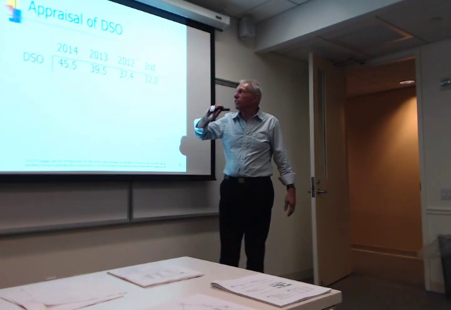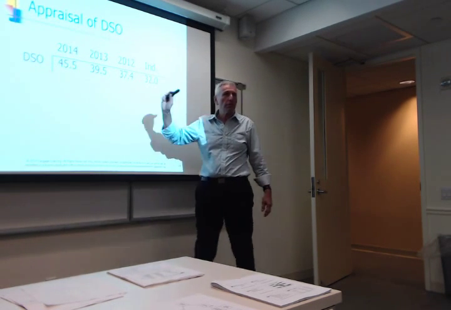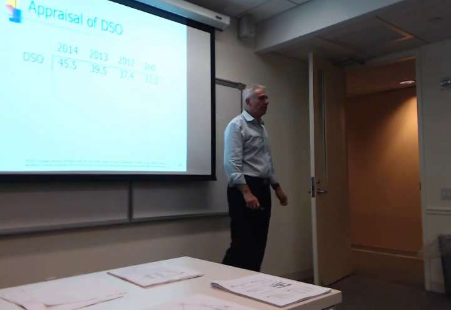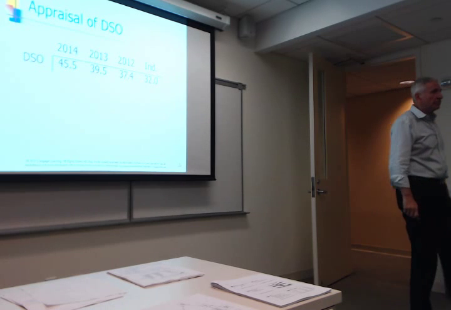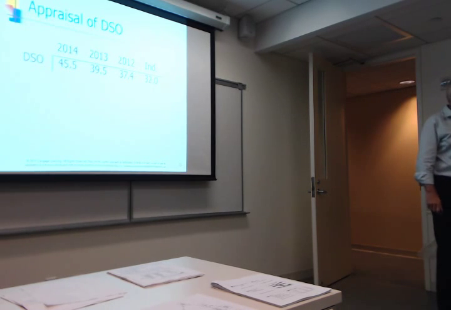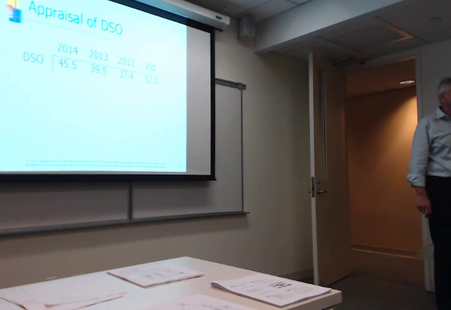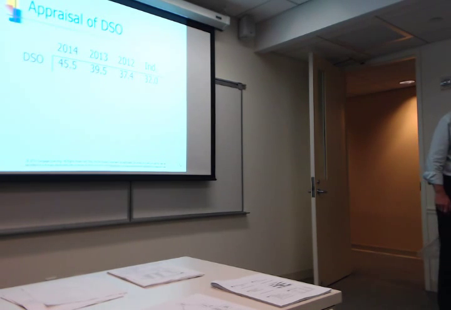Here the industry standard is 32. We're at 45. Do we have a problem? If you were the boss of the accounts receivable manager, what would you be telling him? Pardon? It's taking too long to get paid. That's right. On the phone.